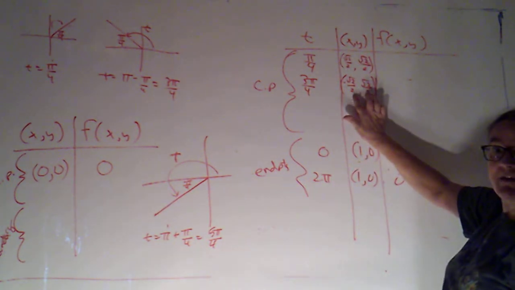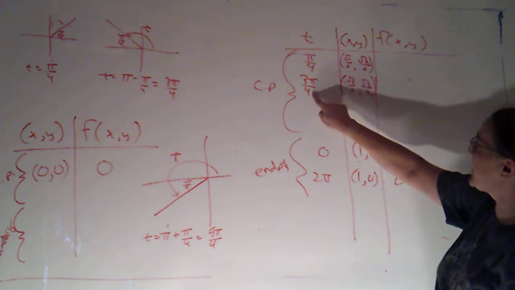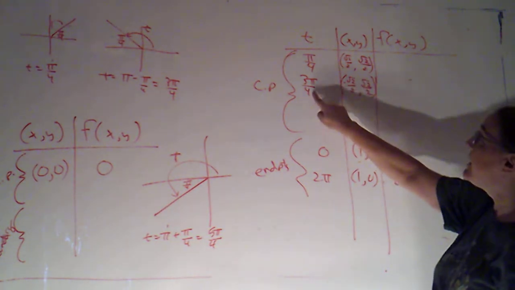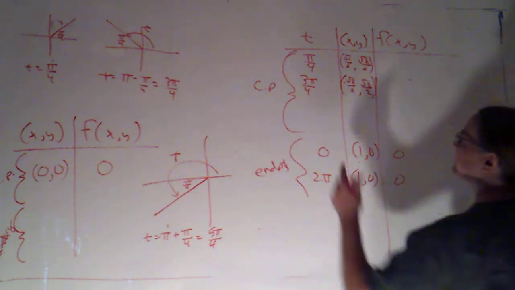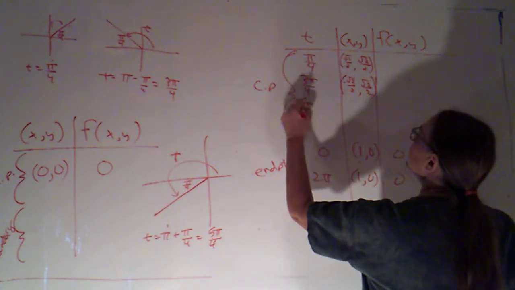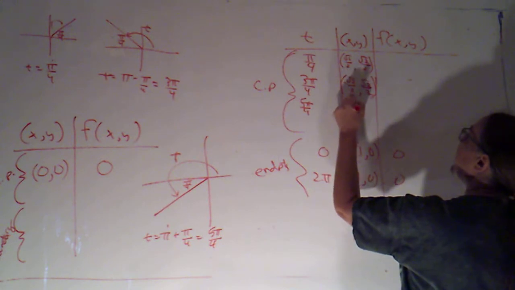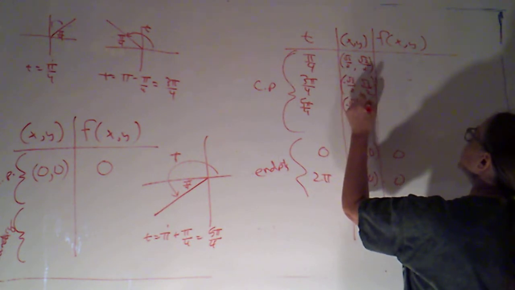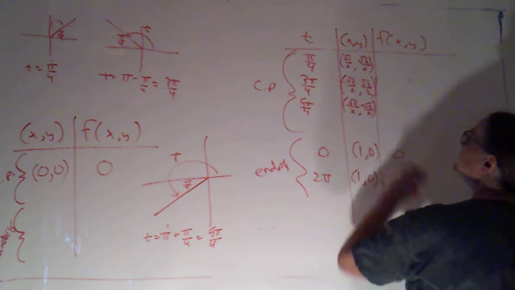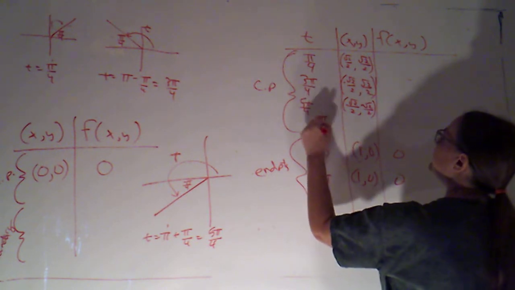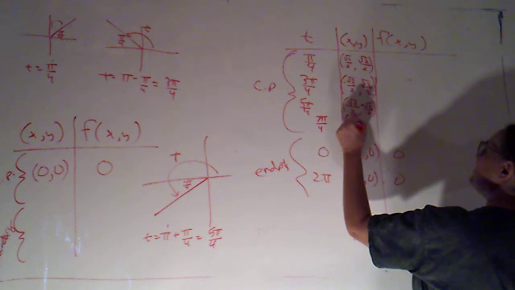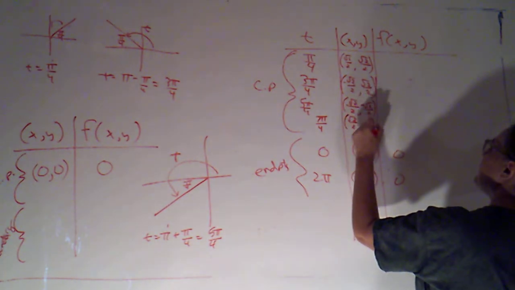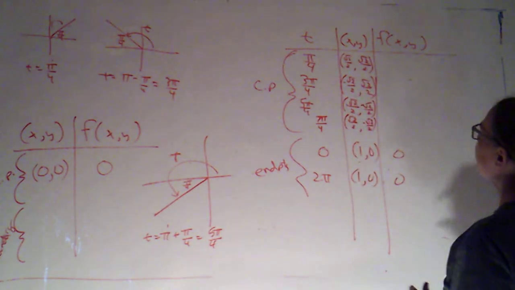Same absolute values, but if this is my point that was in quadrant 2, there my x value will be negative and my y will be positive. Okay. 5 pi over 4, they're both going to be negative, so negative root 2 over 2, negative root 2 over 2. And 7 pi over 4, now x will be positive, but y will be negative. Root 2 over 2, negative root 2 over 2.